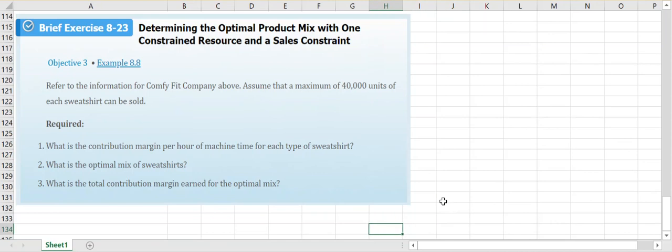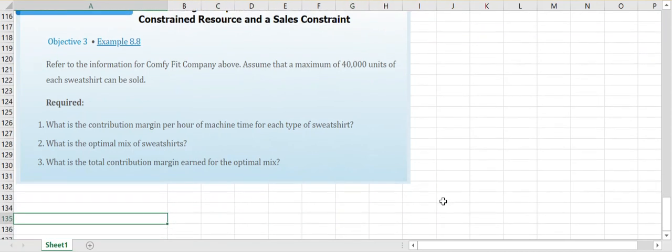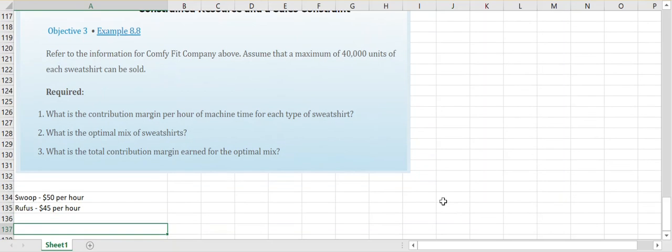So what is our contribution margin per machine hour? We already know that. We calculated that from before. Our Swoop is $50 per hour, and our Rufus is at $45 per hour. So now we want to make as many sweatshirts as we can sell of the item that we make the most per hour, which is our resource constraint. We make the most per hour with the Swoop sweatshirt, so we want to make as many as we can sell of it.